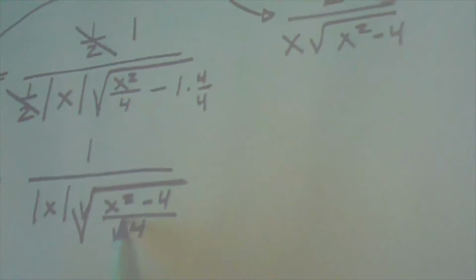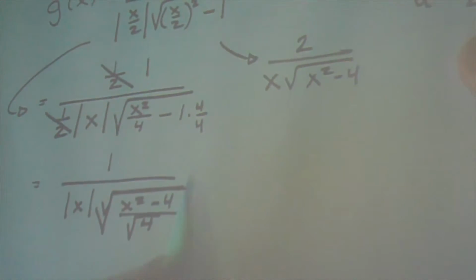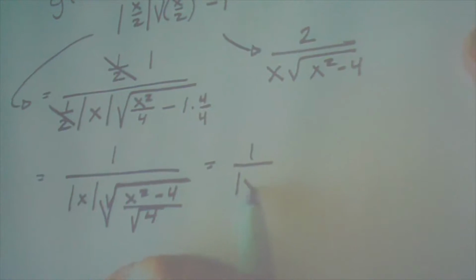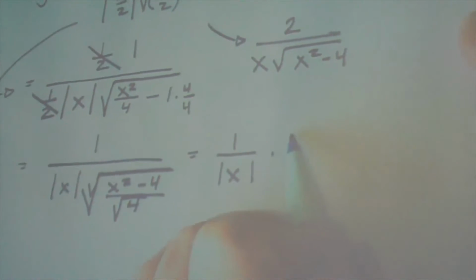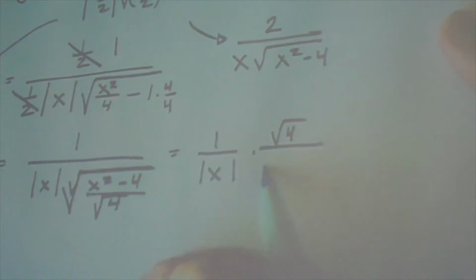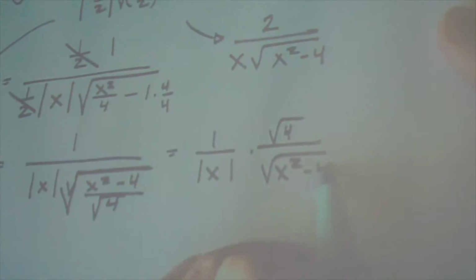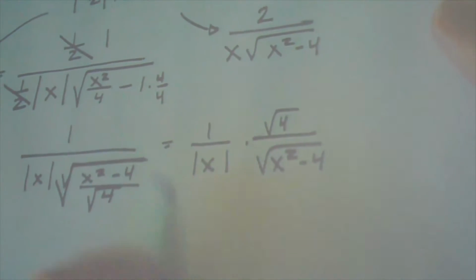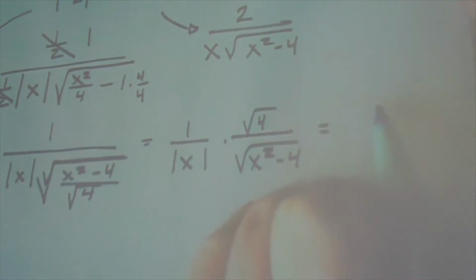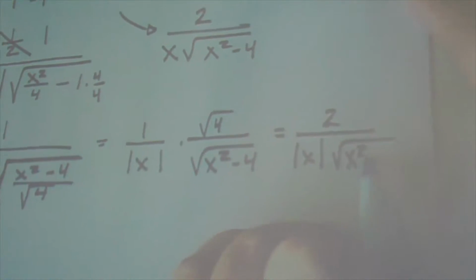How do I get from here to here, though? I can square root these separately, the square root of 4 on the top, and then I can say 1 over absolute value of x times root 4 over root x squared minus 4. I can flip it over and multiply by the reciprocal of this. And I'm going to get 2 over absolute value of x times the square root of x squared minus 4.